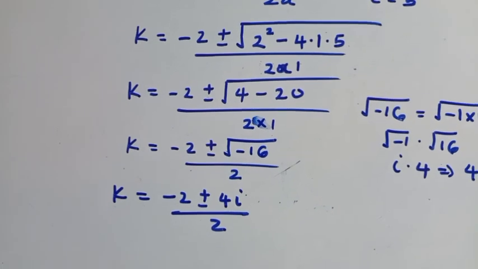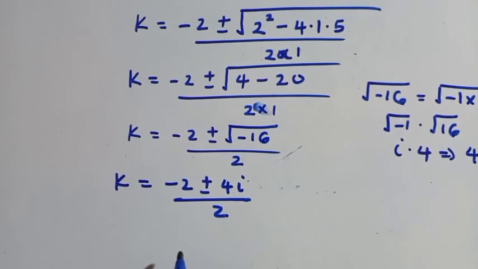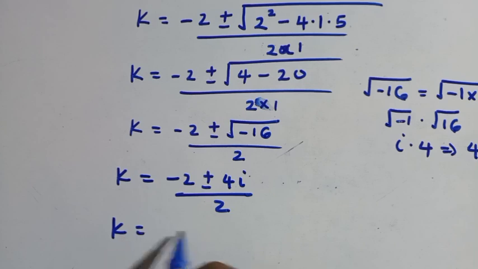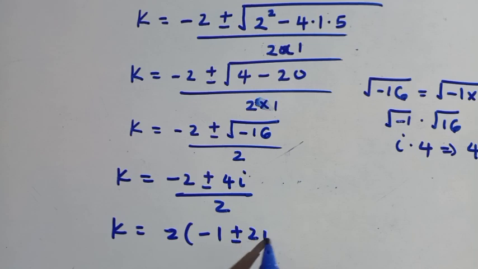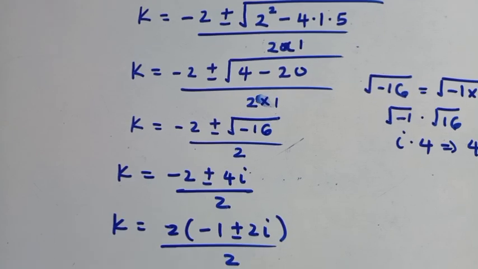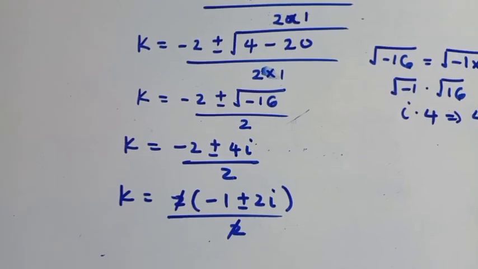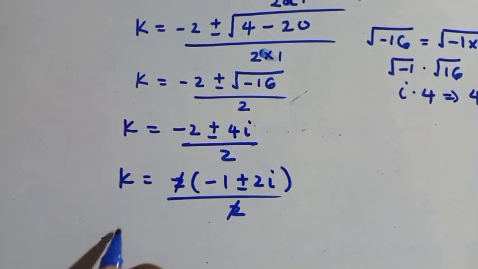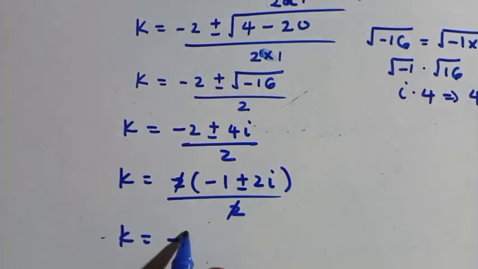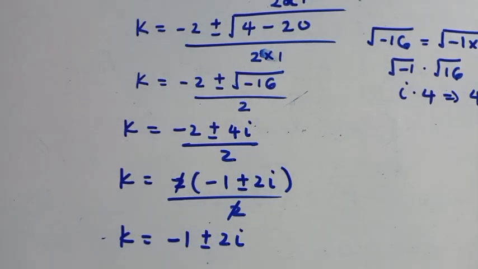Then let's say we factor out 2 from here. We have k equals 2 into bracket of minus 1 plus or minus 2i, divided by 2. And from here, when 2 cancels 2, we get the value of k, which equals minus 1 plus or minus 2i.